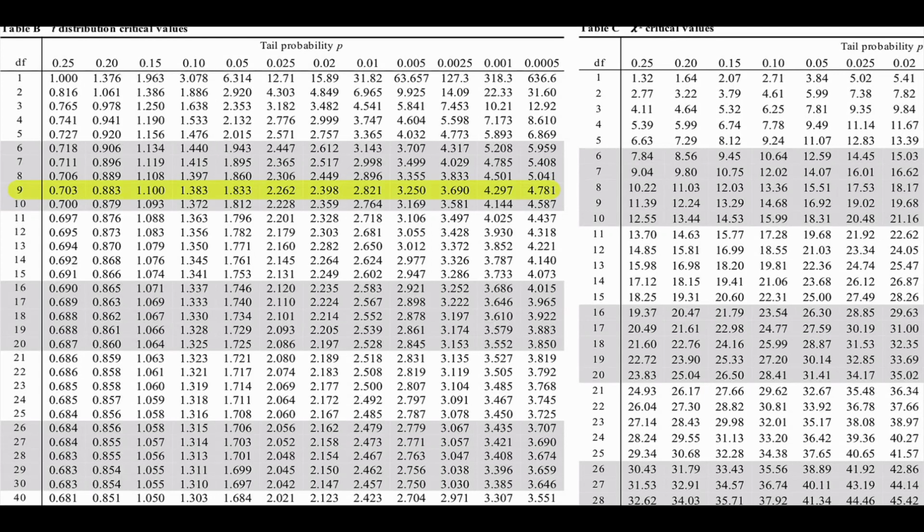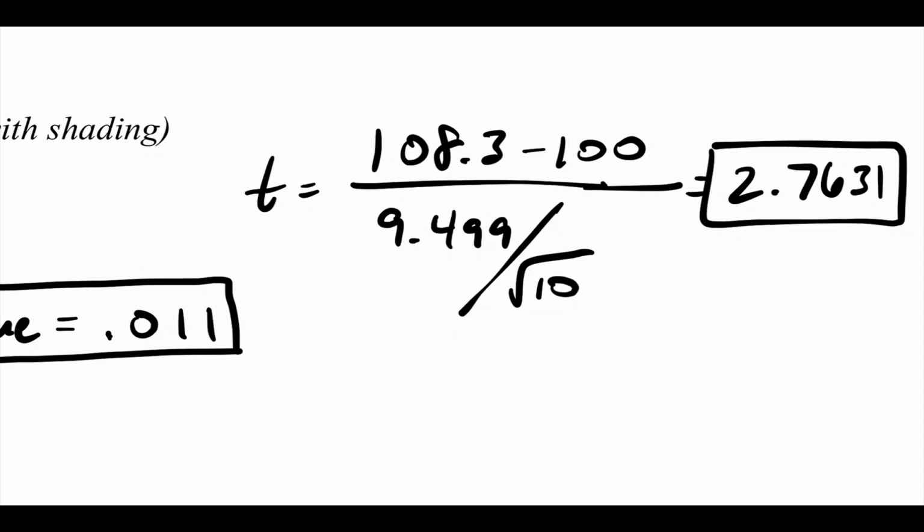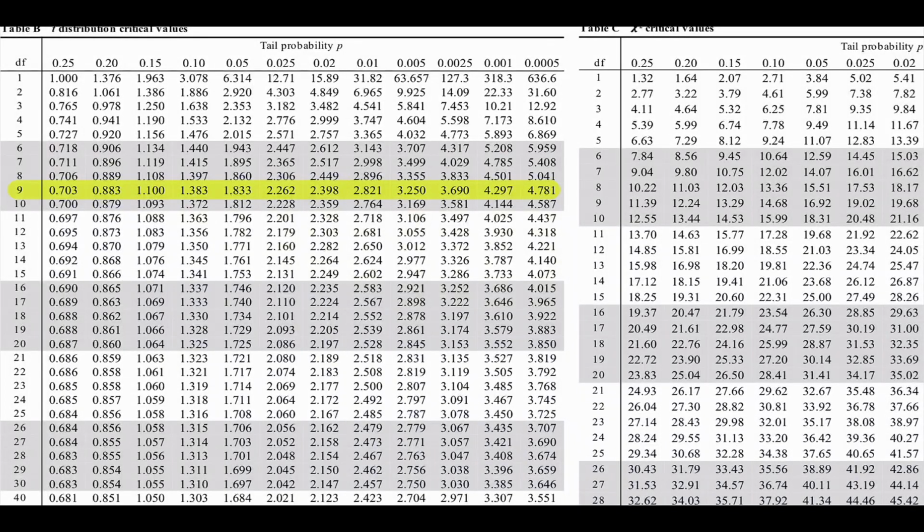We go to the one that's closest to our t-score. Our t-score was 2.76, so the closest is, I think, that guy there.